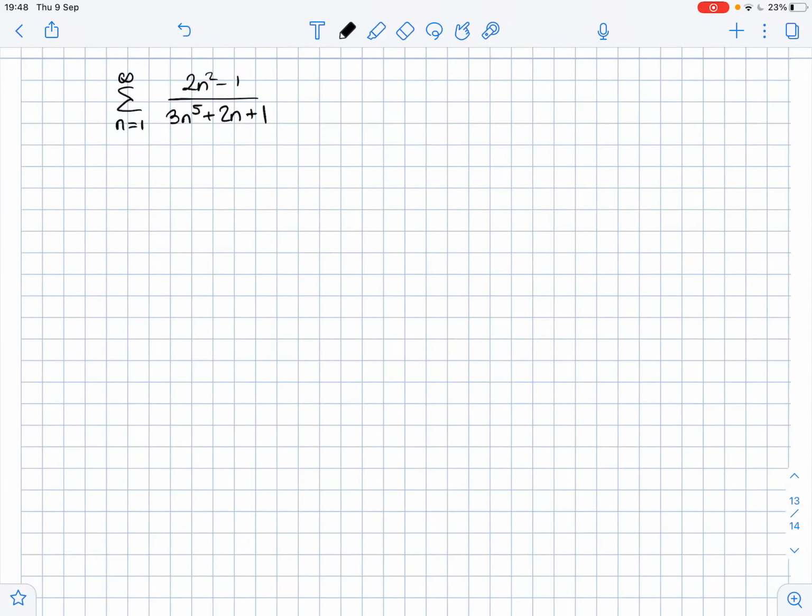So we need to use the limit comparison test to determine the convergence or divergence of the given series.